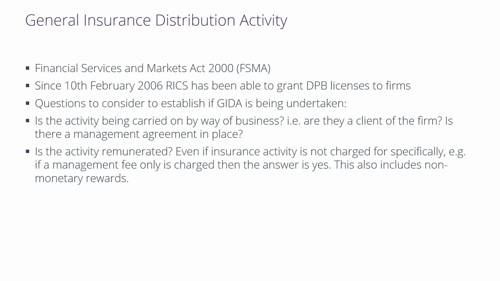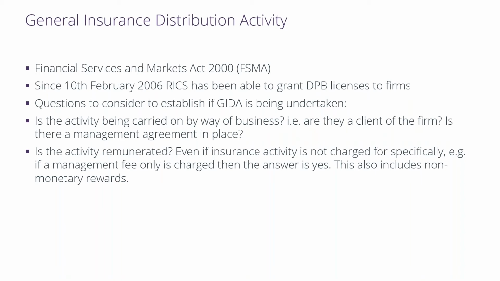RICS is a DPB under the Financial Services and Markets Act, and the rules of the scheme are approved by the FCA. Most DPB work undertaken by the firm is usually an extension of the management services that most firms offer. Therefore, insurance is normally ancillary, an add-on, and may not be actively advertised.